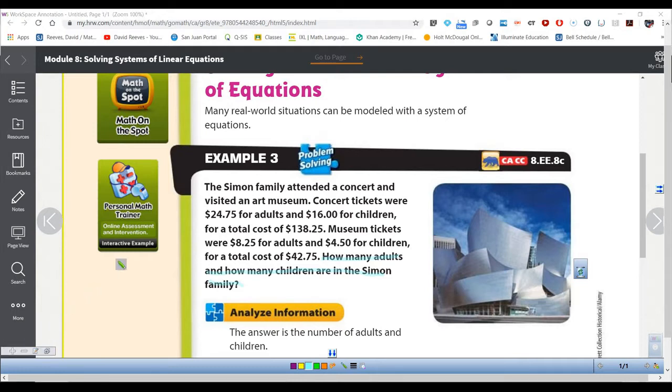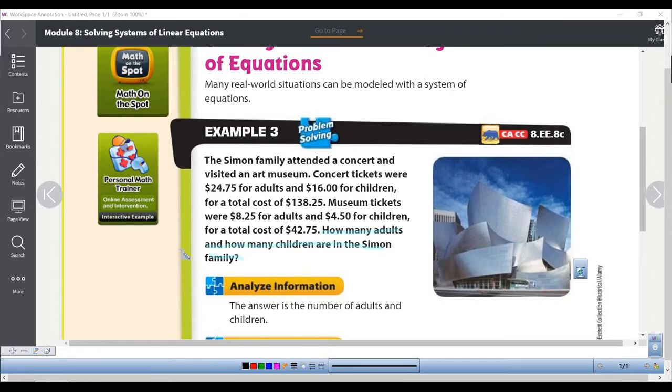And you'll notice that there are two unknowns, which is a great thing because a system of linear equations, at least for us, involves two unknowns. So I'm going to let A equal the number of adults in the Simon family.